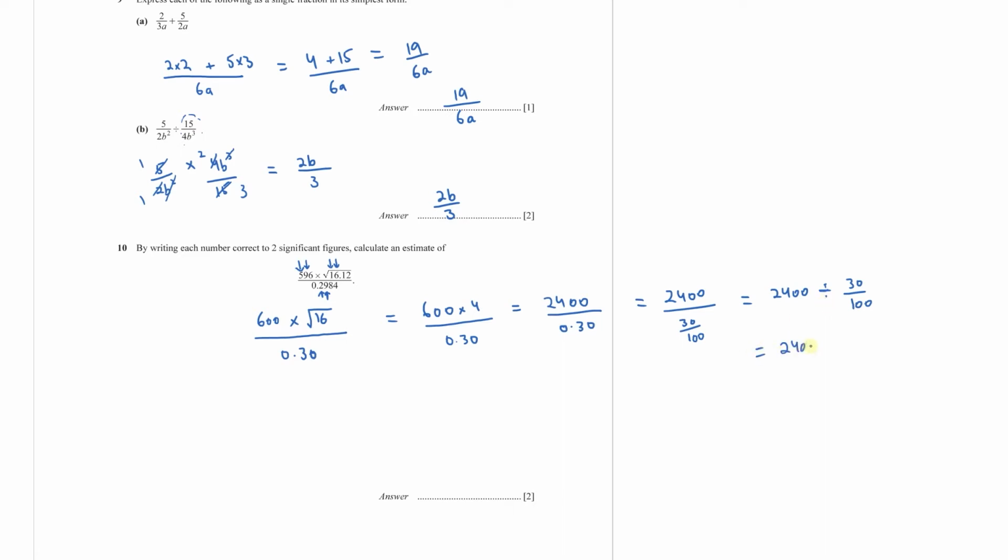So this becomes 2400 multiplied by, I take the reciprocal of this, so I get 100 over 30. So this 0 and this 0 cancel out. 3 times 1 is 3, 3 times 8 is 24, and then two zeros. So this becomes 800 multiplied by 10, which is 8000. So your answer will be 8000.